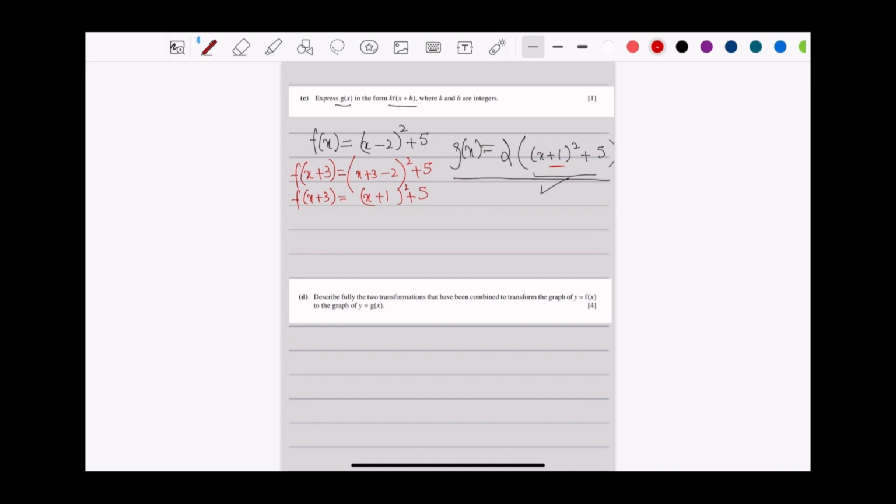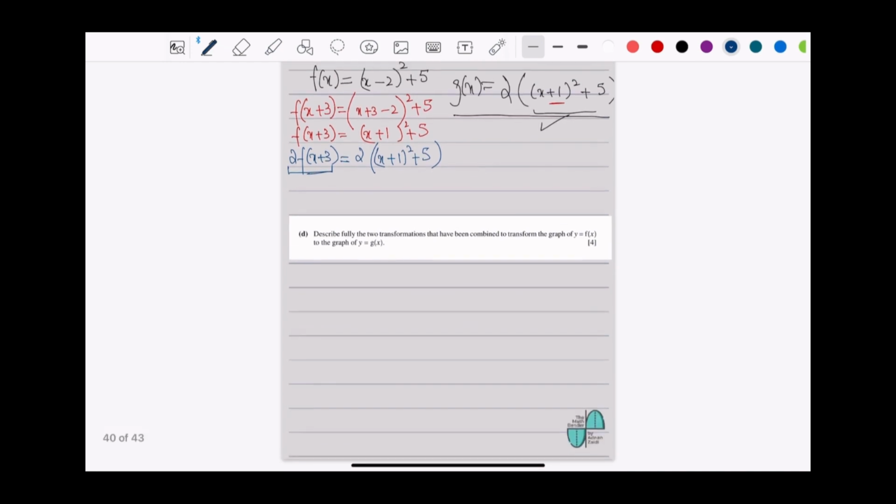Now next, what should I multiply it with? So I write 2 times f of x plus 3, so 2 times x plus 1 whole squared plus 5. So the value of k is 2 and h is positive 3.